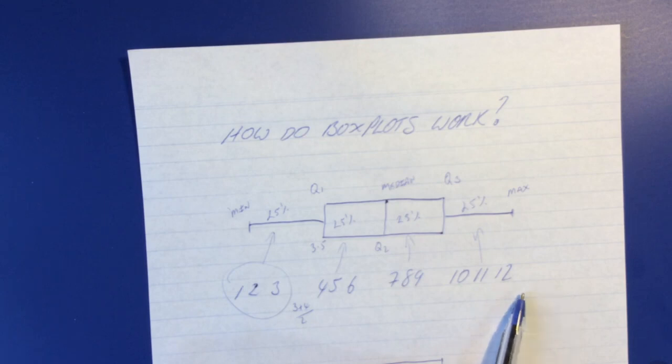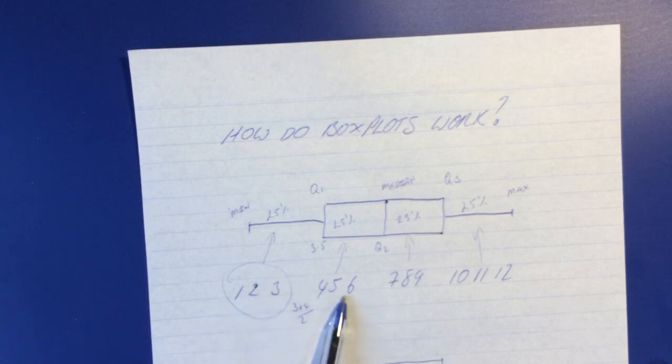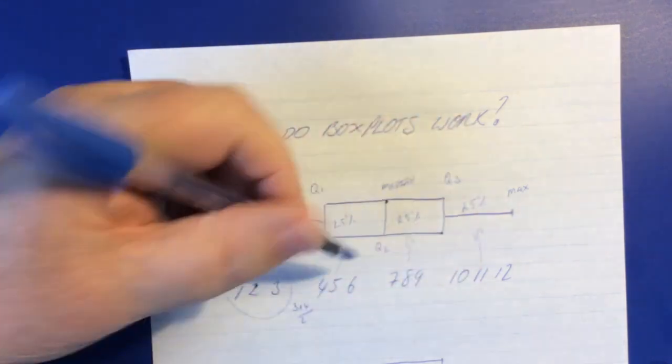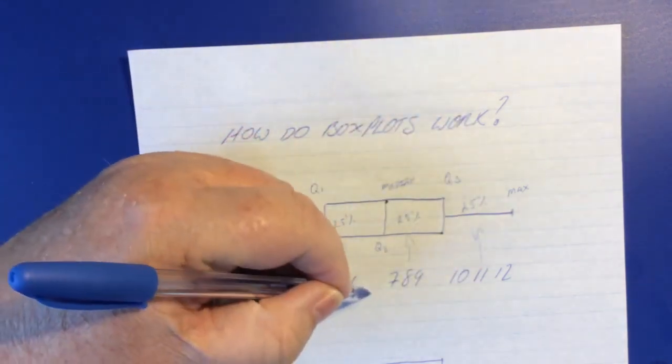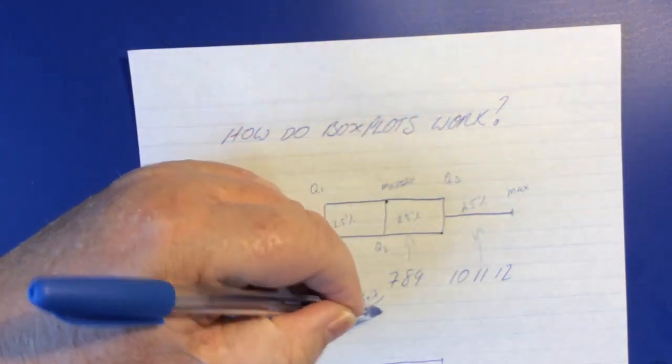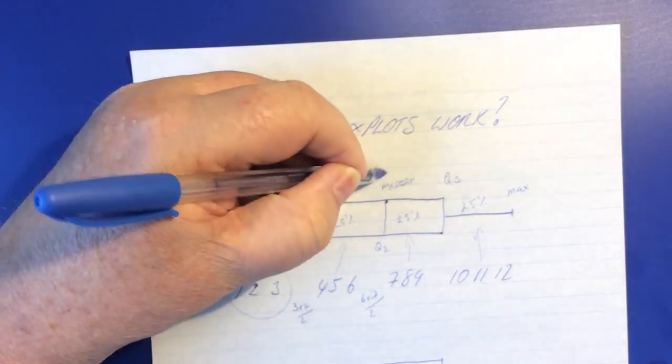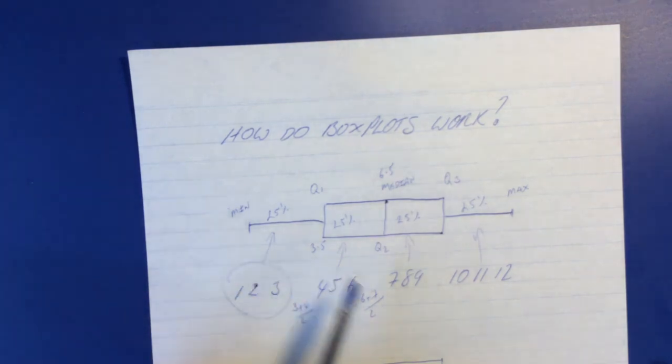I've got a video on means, medians, and modes where I discuss how you deal with sets of numbers like this, even sets of numbers where there isn't an obvious median. The median of the whole set of numbers is 6 plus 7 over 2, which is 6.5. This is getting crowded, but I hope it's still making sense.